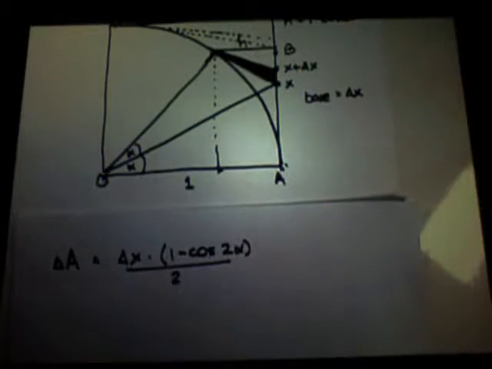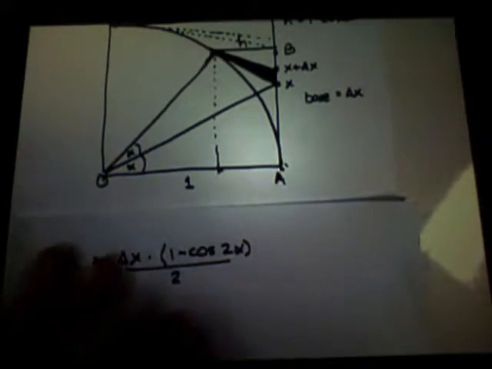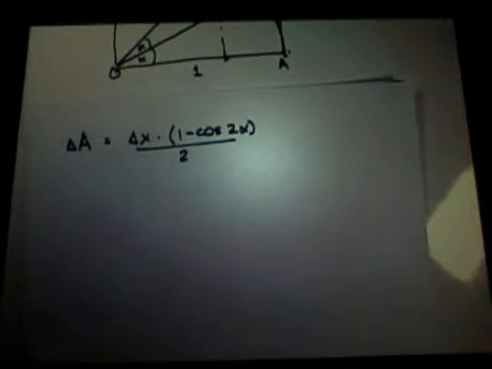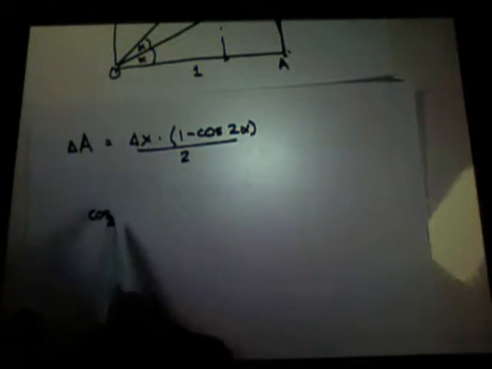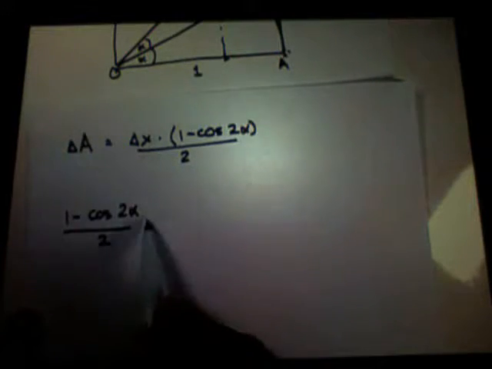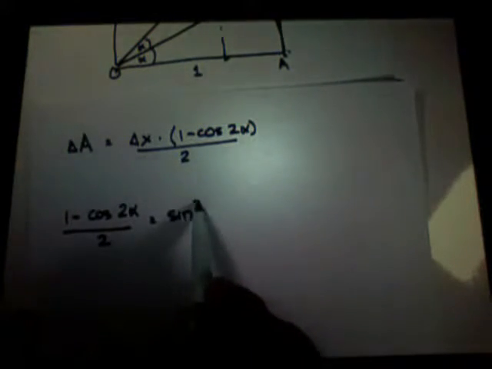Now we've got to massage the expression here a little bit. I would not substitute cosine. What's the half angle formula? 1 minus cos 2 alpha over 2 is equal to sine squared alpha.